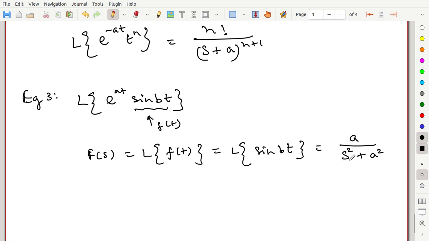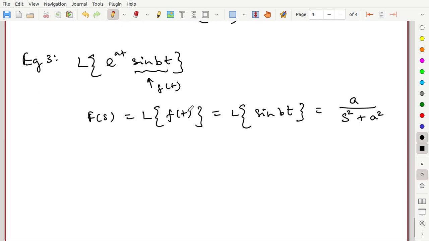This is our function of s, and since we have e power at, we have to replace s by s minus a.